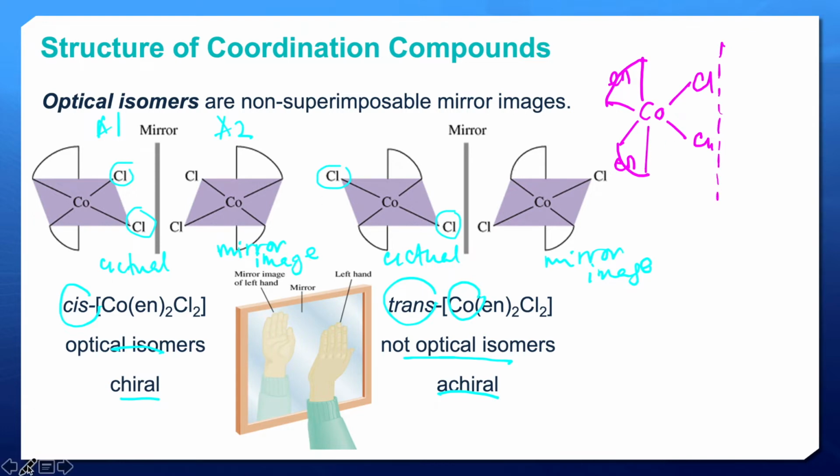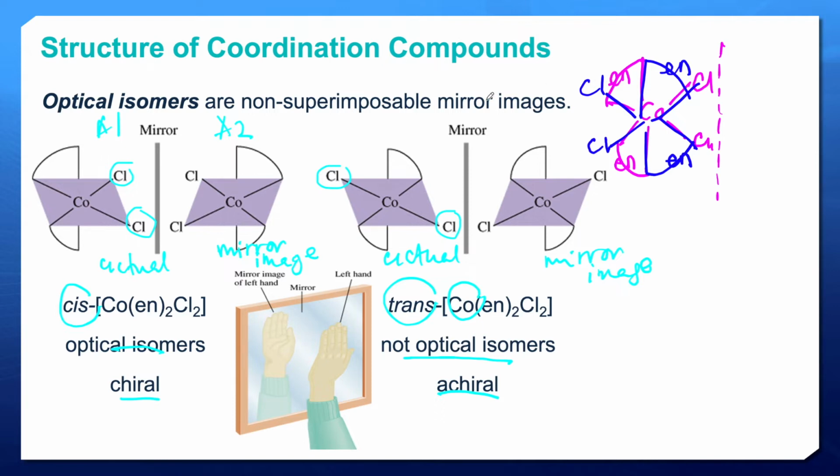Let me change the color first, blue, the mirror image of A2 here. You will see this is where you have the first en and then the second en, and you have the Cl here and also Cl here. This is what we call chiral or optical isomers, because they are non-superimposable images.